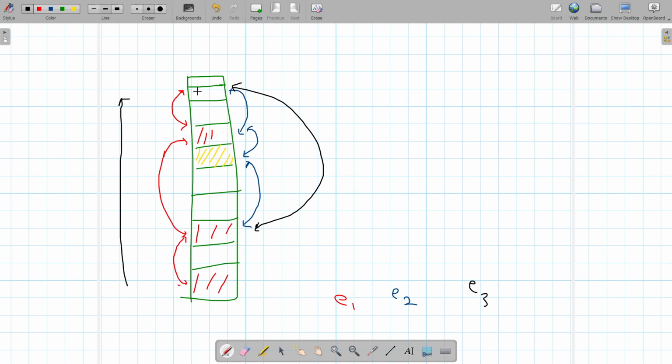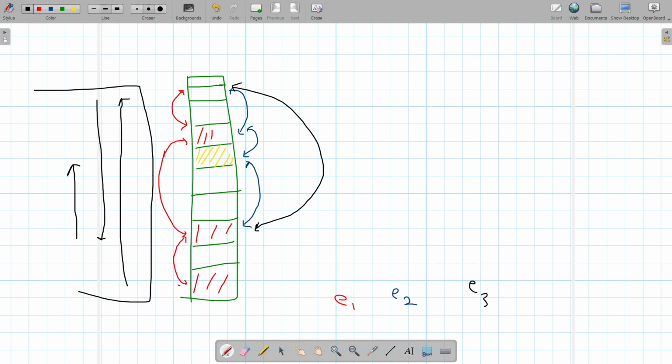So I'm going from here to this level, and then I can use this elevator to come back here if I want, and then use this elevator to go up again. This is one possible way of movement. Another possible way could be that I just take this edge and then this edge. That could also be a valid path.